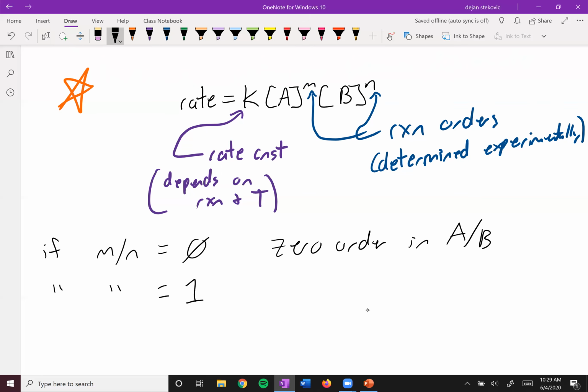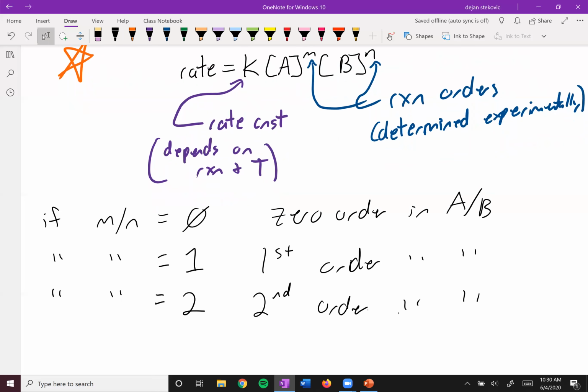So if it's equal to 1, then we say it's first order in whatever you're talking about, right? So if this m is 1, then the reaction is first order in A. Again, you just kind of want to copy this stuff down. If it's 2, then we say that it's second order in whatever you're talking about, right?